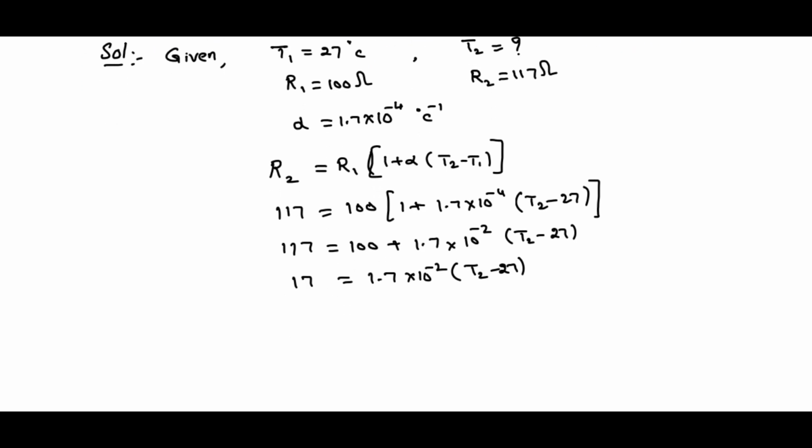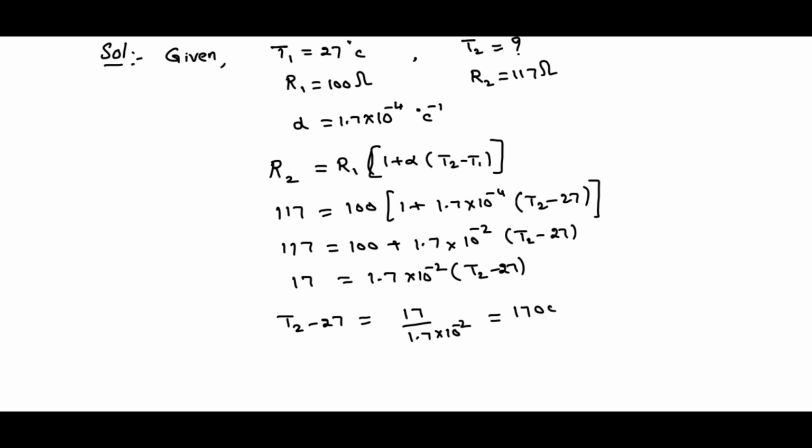So from this, T2 minus 27 is equal to 17 divided by 1.7 into 10 power minus 2. So this value is 17, 10 power minus 2 comes to the numerator, it will become 100.